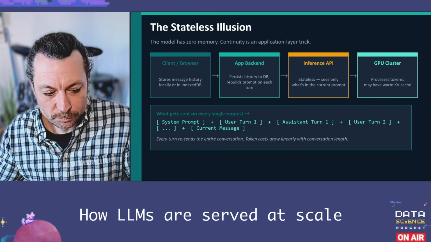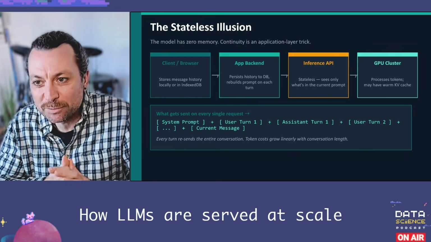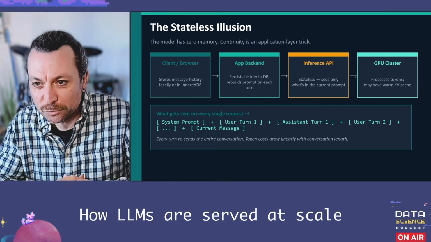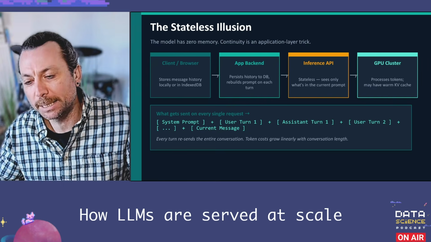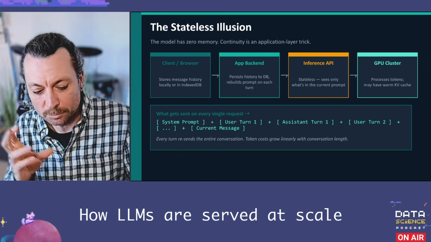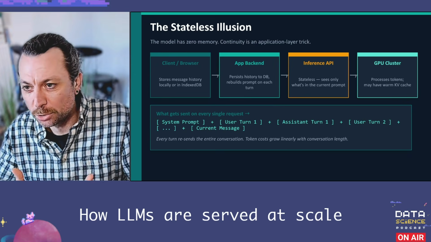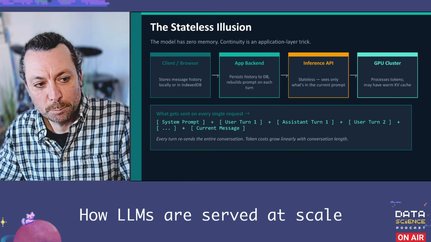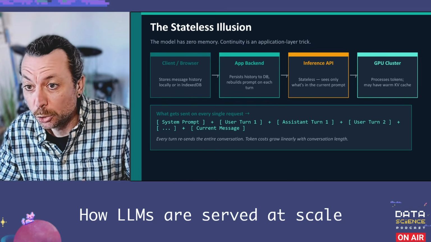Well, the first thing to say is that the models that you are dealing with have zero memory, all right? There's no concept of memory whatsoever in a large language model. And this memory capability is a trick, an illusion that is performed by other actors, in particular your browser.